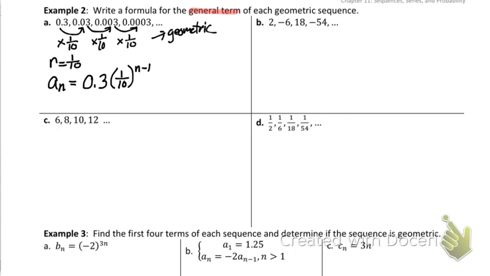All right, my next one is 2, negative 6, 18, negative 54. If it was arithmetic, how do I deal with that positive negative? How do I deal with positive and negative if it's arithmetic?